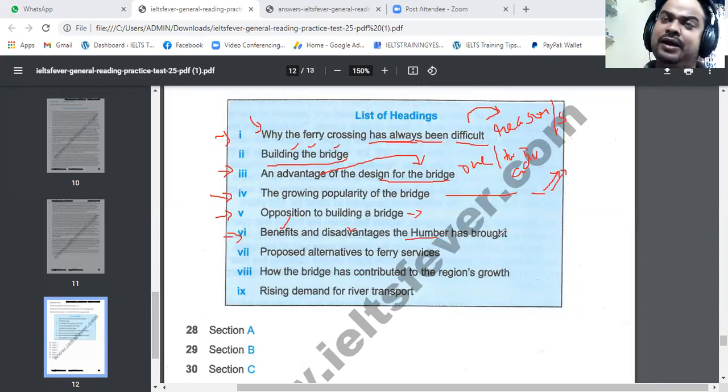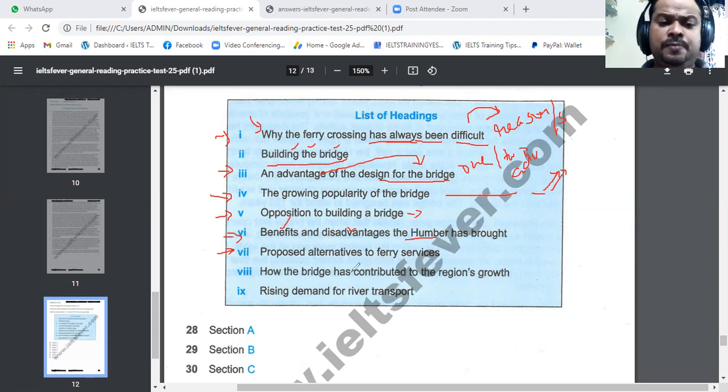So what are the advantages? If the paragraph is dealing with both the advantages and disadvantages, then I think that paragraph is. Now, proposed alternatives to ferry services. So proposed alternative to ferry services.